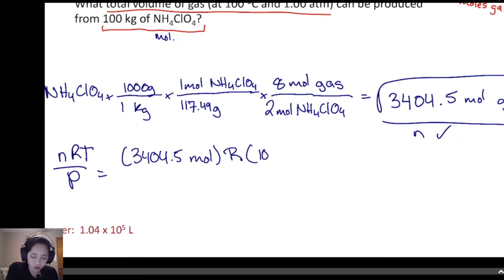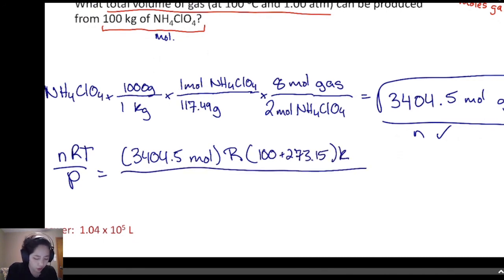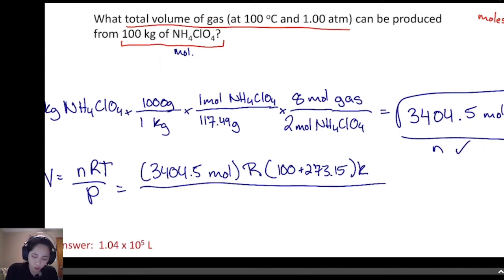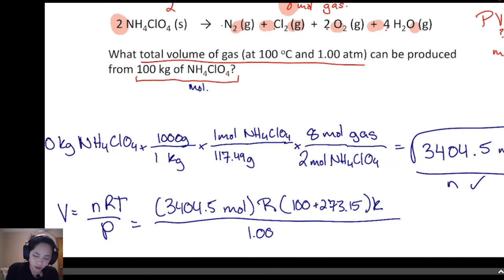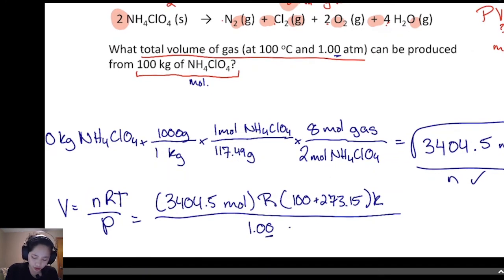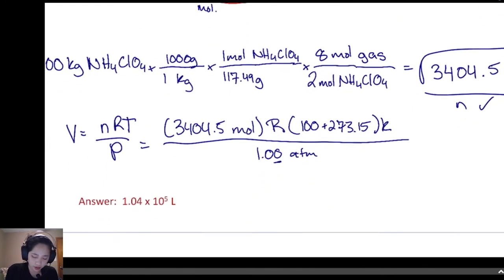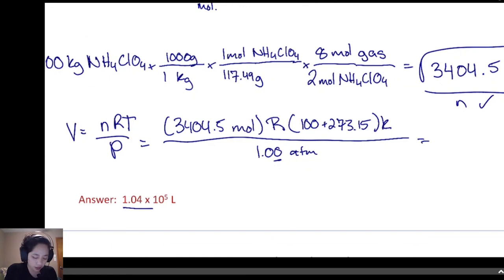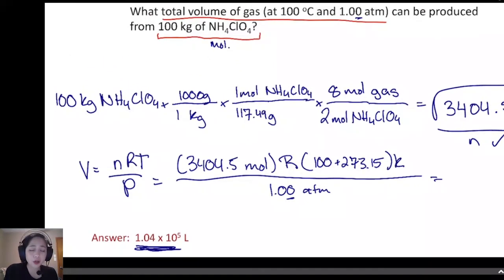So 100 plus 273.15, that's in Kelvin, over pressure, which is 1. Cool. So I think we're going to have 3 sig figs. All right, and so stick that into your calculator and you get that you make 1.04 times 10 to the 5 liters.